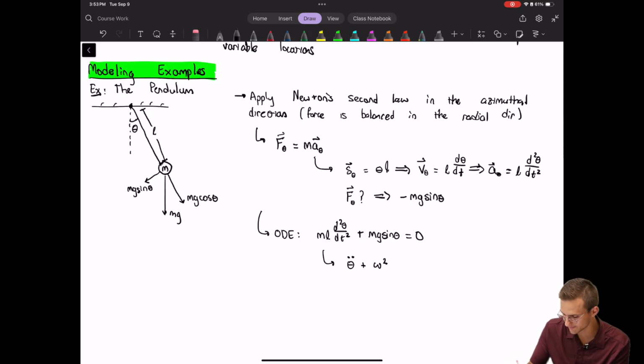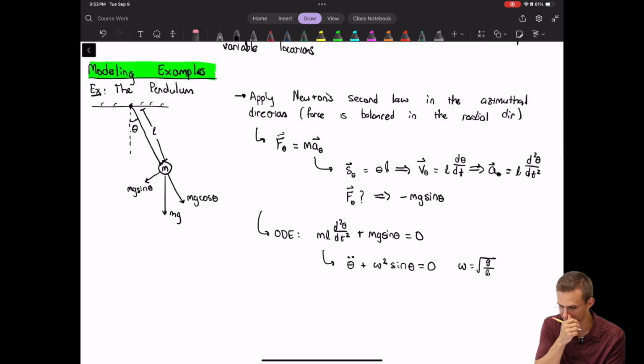And then we're going to define this new constant omega squared times sine theta is equal to 0, where omega is equal to the square root of g over L. Okay, and we define it that way because, as you'll see, the fundamental frequency will end up being that square root of g over L.